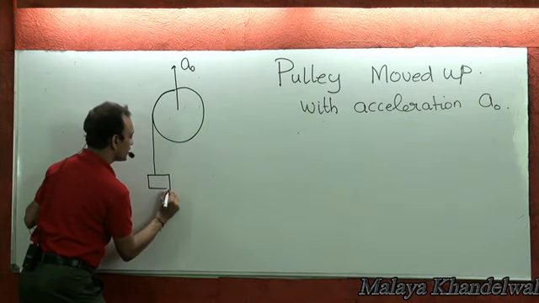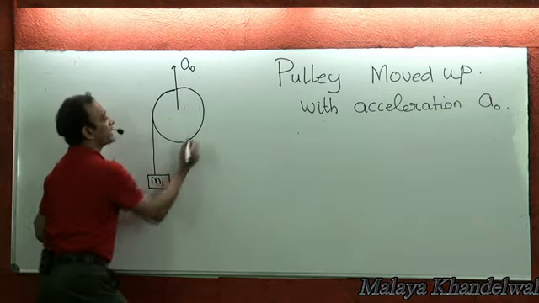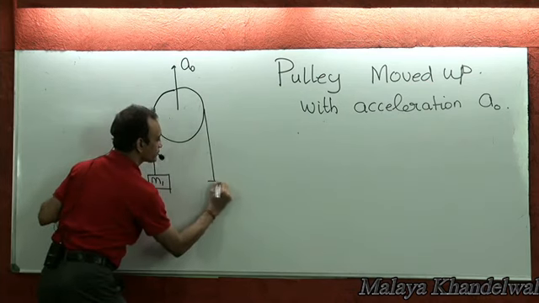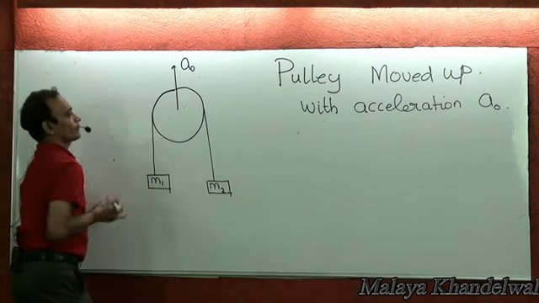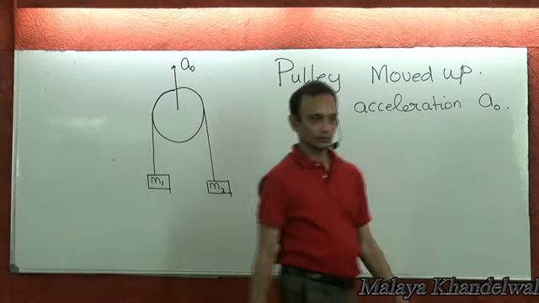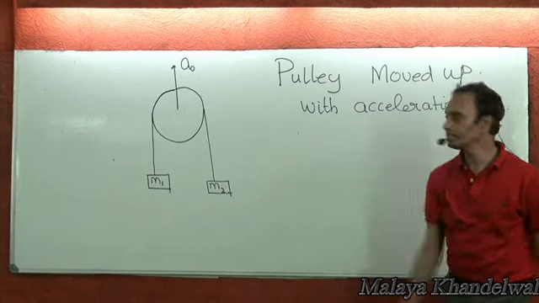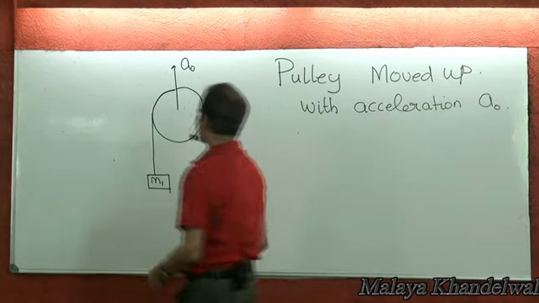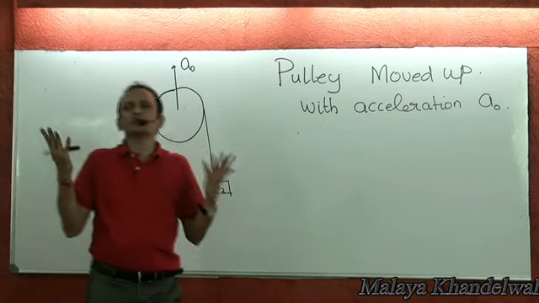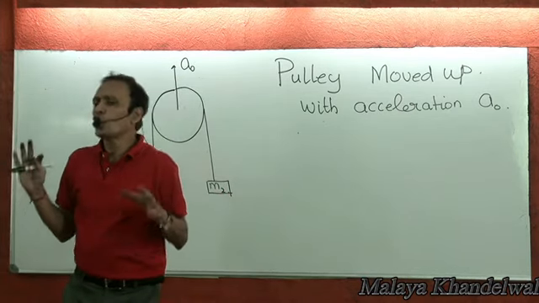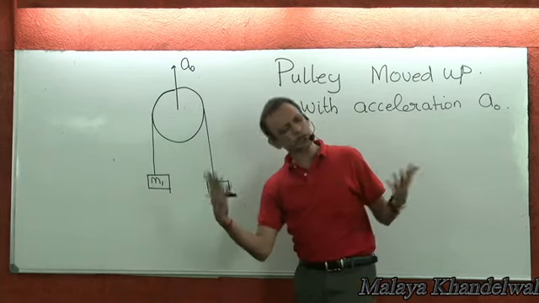Say there are masses m1 and m2 attached to the ends of the string. Right? I do not know whether m1 has an upward acceleration or downward acceleration, or m2 has an upward acceleration or downward acceleration.